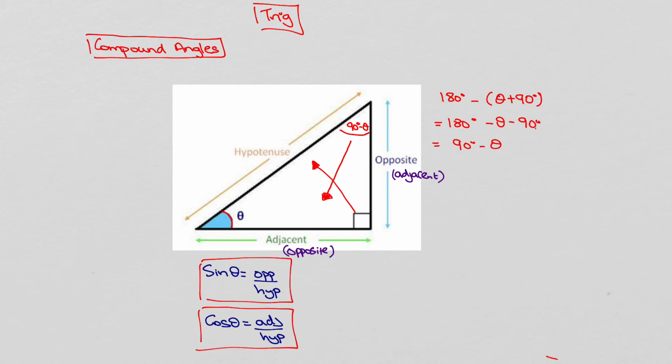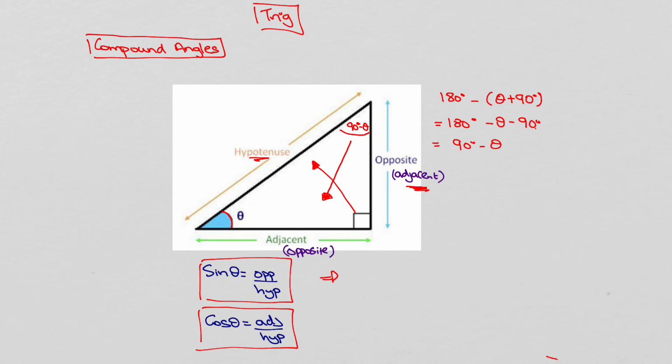If we look at the relationships between those two angles, sine theta was the opposite over the hypotenuse, but that's now the adjacent over the hypotenuse. Therefore, adjacent over hypotenuse is actually cos.